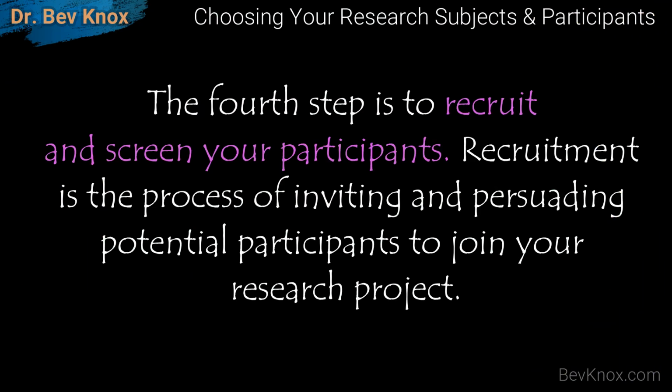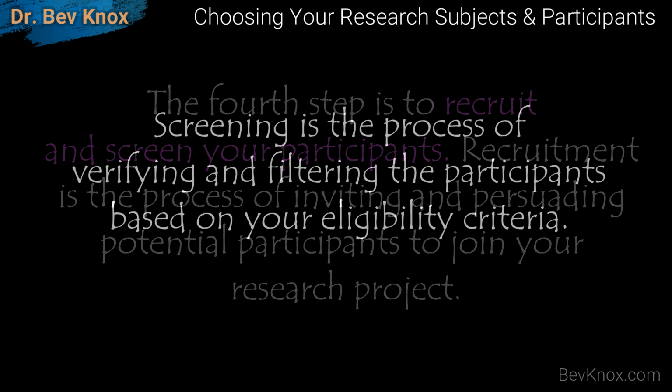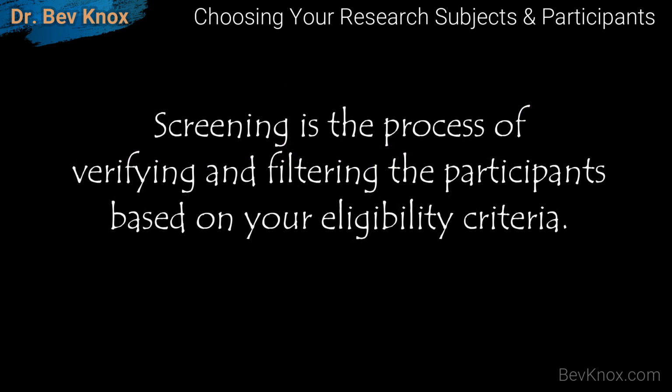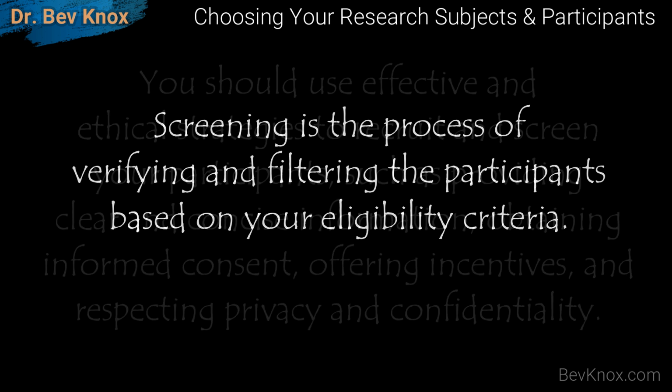Now, the fourth step is to recruit and screen your participants. Recruitment is the process of inviting and persuading potential participants to join your research project. And screening is the process of verifying and filtering the participants based on your eligibility criteria.